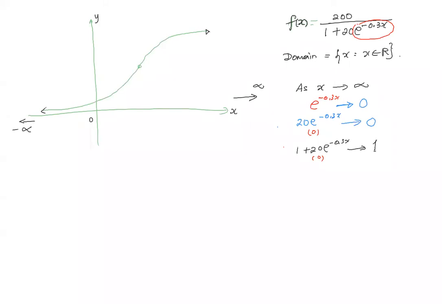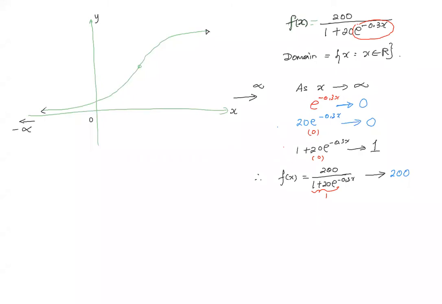So therefore, my f(x) equal to 200 divided by 1 plus 20e to the power negative 0.3x will approach 200 divided by 1, which becomes 200. And the rest of the values will be less than 200.